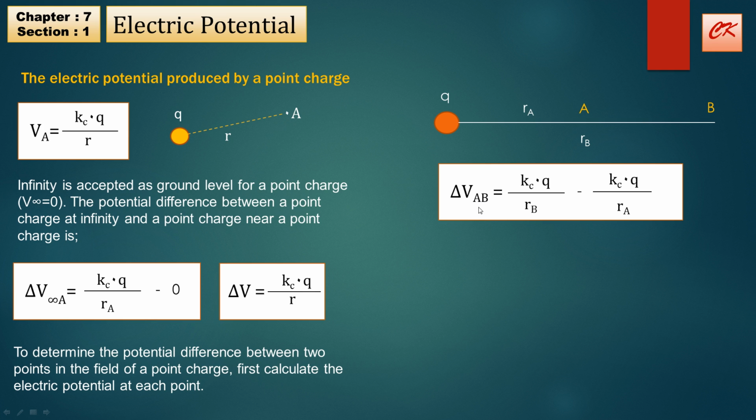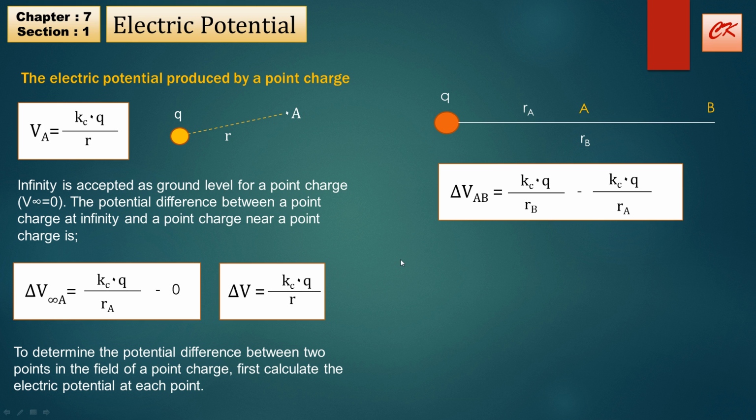VAB is equal to the potential of B, because it moves to B, final, minus the potential of A. So we can calculate the potential difference between two points by using this. In the book there is no such example, but at least we should give and explain the definition.